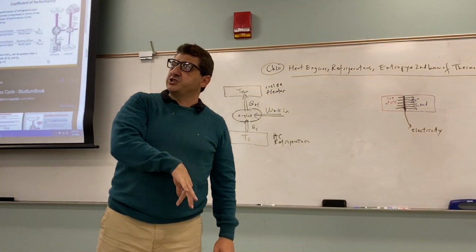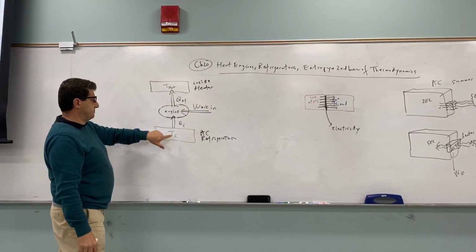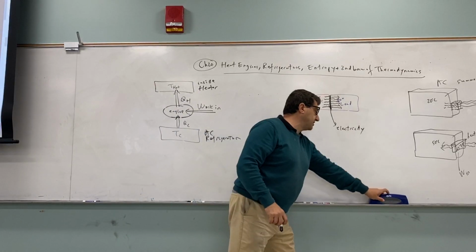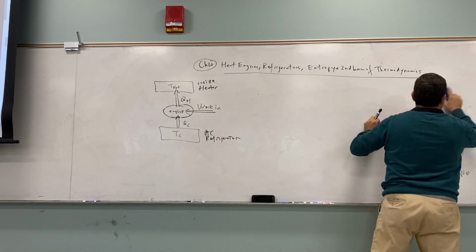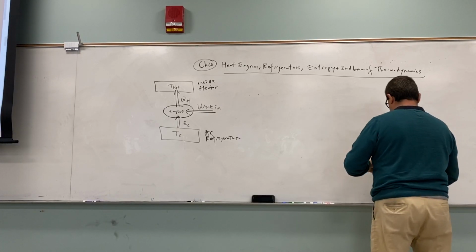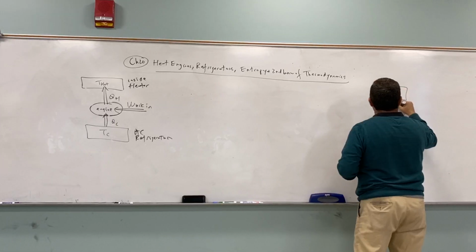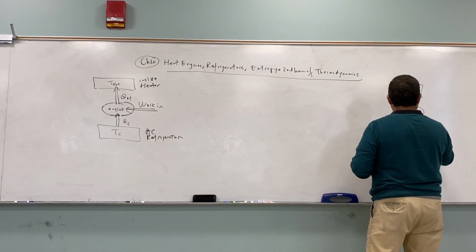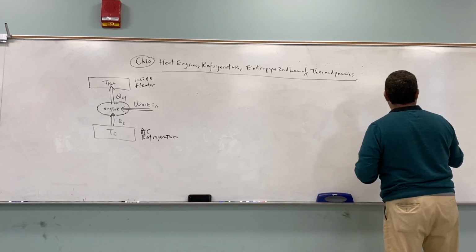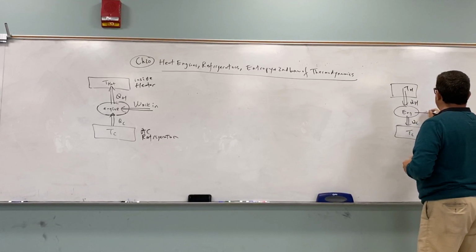Efficiency is for heat engines, the one that I did for the heat engine. The heat engine is like this. You have the engine, and then you have T cold, T hot, Q cold, work out.